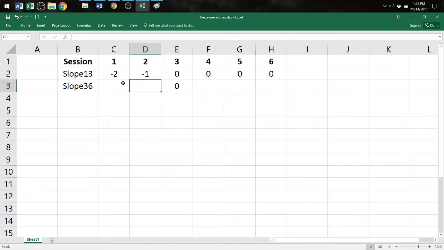Likewise, if slope 3, 6 hasn't started yet, then these ones are going to be 0 also. But after session 3, slope 3, 6 is supposed to index how much time has passed. So what is one more between 3 and 4? 1, 2, 3.